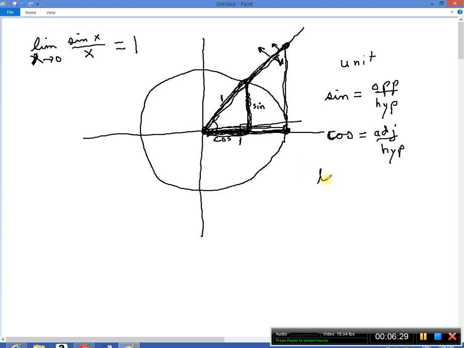And think about what the tangent is. The tangent is the opposite over the adjacent. So this would be the opposite. The adjacent this time is 1, so the tangent is located right out here. It's the length of that segment right there.